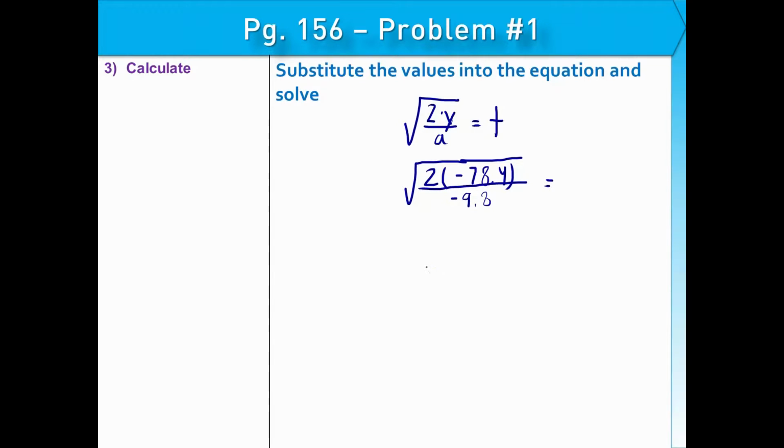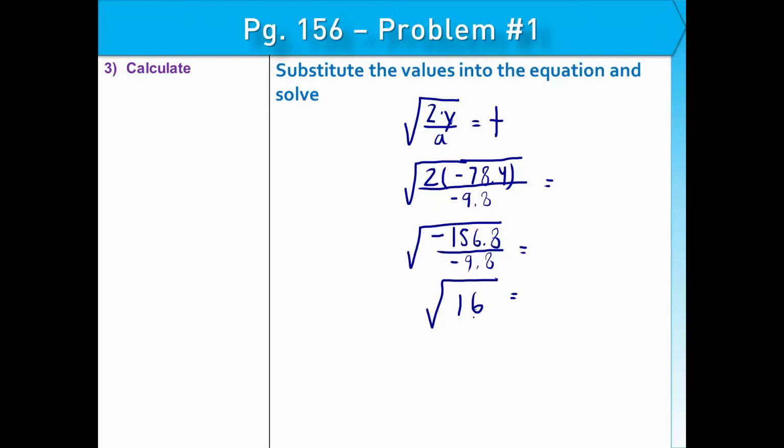Let's go ahead and multiply 2 times negative 78.4. That should give you negative 156.8 divided by negative 9.8. The two negatives will negate each other, so you're going to have a positive number. And dividing these two, you should get positive 16 then.